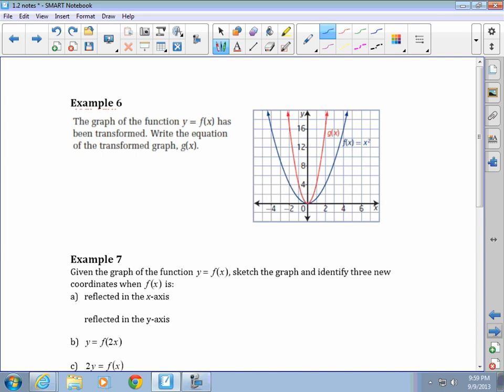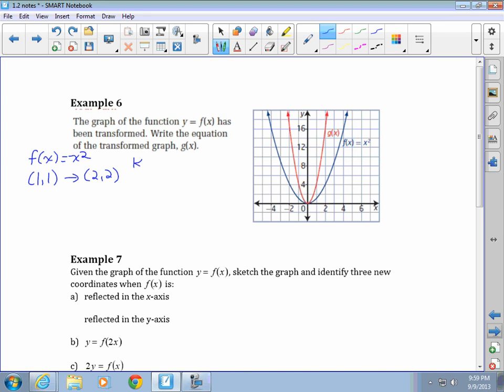If we look at the original graph of f(x), normally when we have f(x) equals x squared, our coordinate is at 1, 1. But on this graph, on the original graph of f(x), it's at 2, 2. So we have to find out what our k value was.